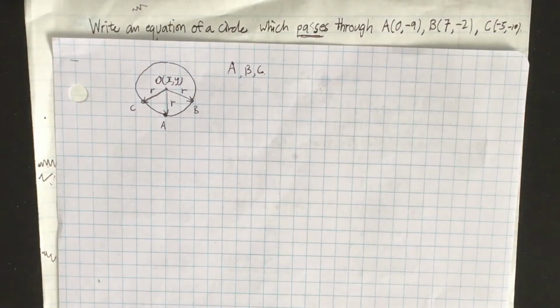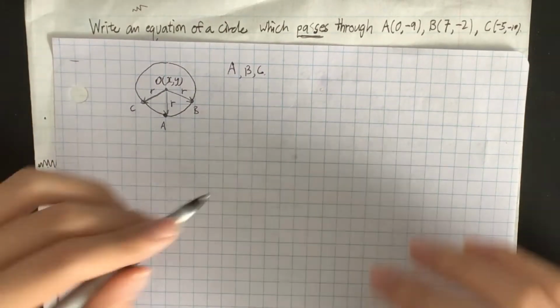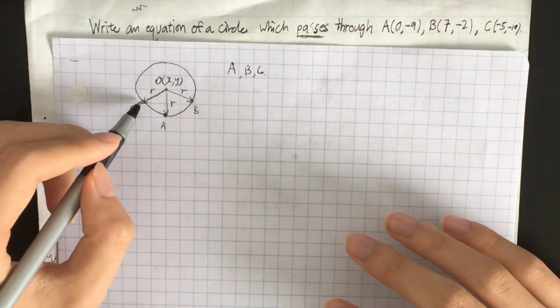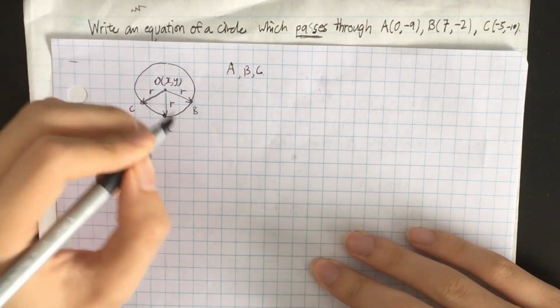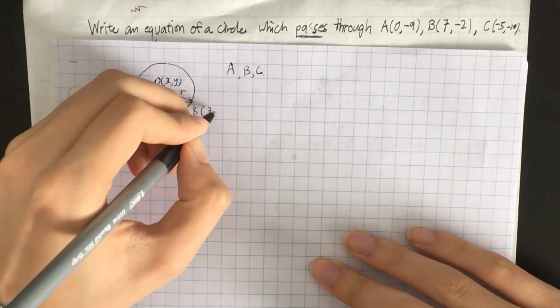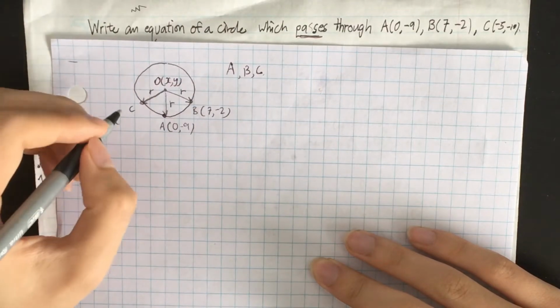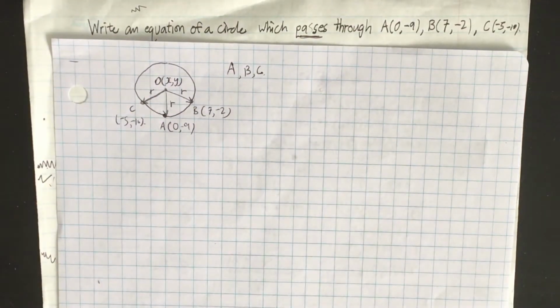So we can use this rule to develop an expression for 2 of these points. So I'm just gonna go ahead and label them again. C. All right.